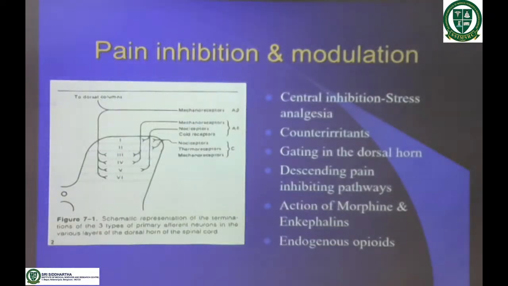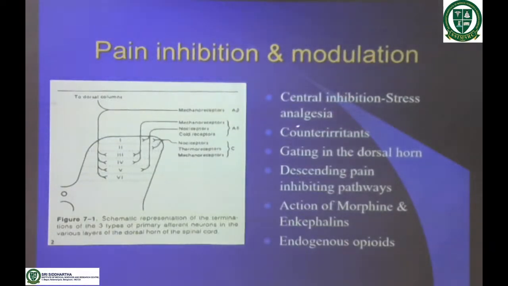Next, coming to pain inhibition and modulation. Say you have some pain and you want to inhibit it. So what do you do? There is a pathway called pain inhibition or modulation of pain. Central inhibition factors are stress analgesics, or you can use counter irritants like superficial rubbing.